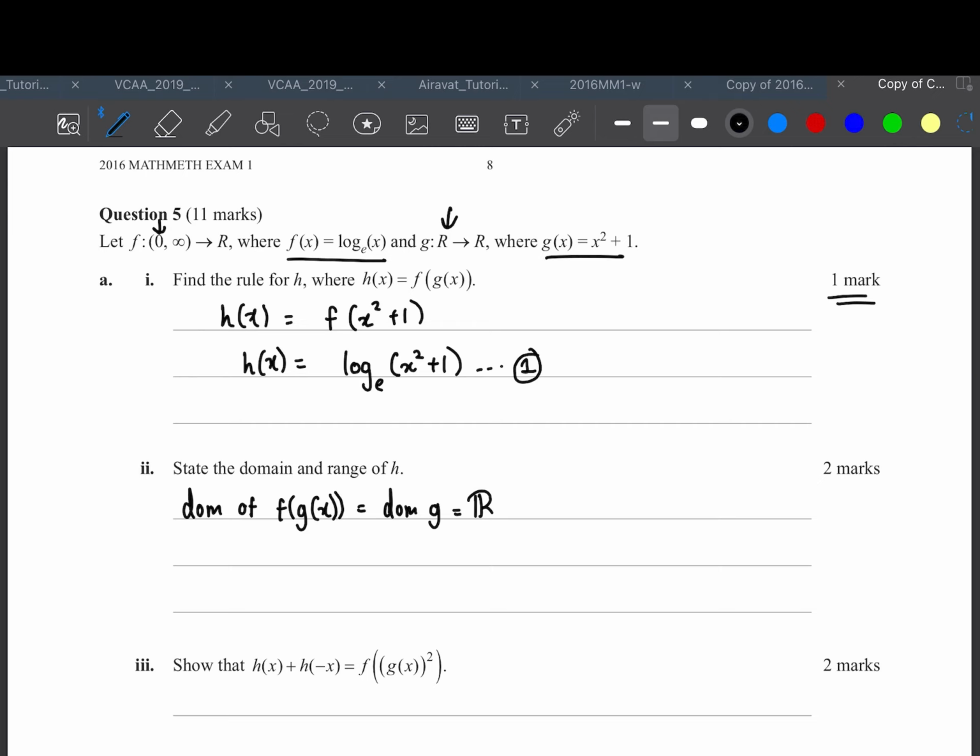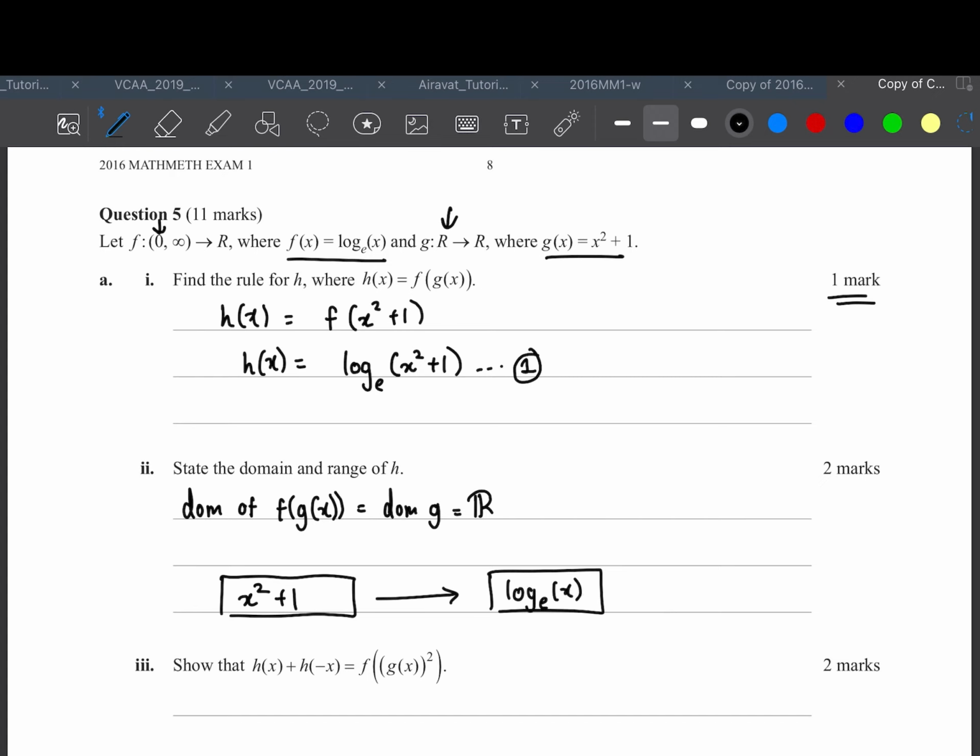So yeah, and now the range. Now how do I find the range of this? Well, I'm going to show that to you using a machine analogy. So let's say we have 2 machines over here. One is x squared plus 1, and the other one is just going to be f of x, which is log base e of x.